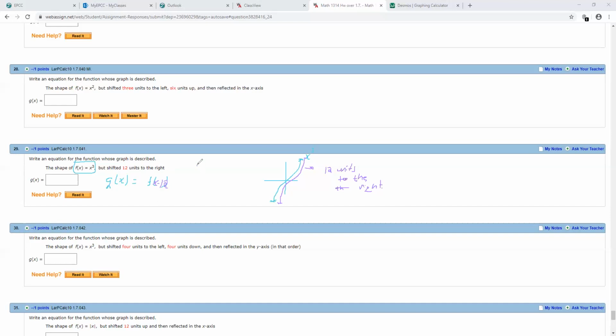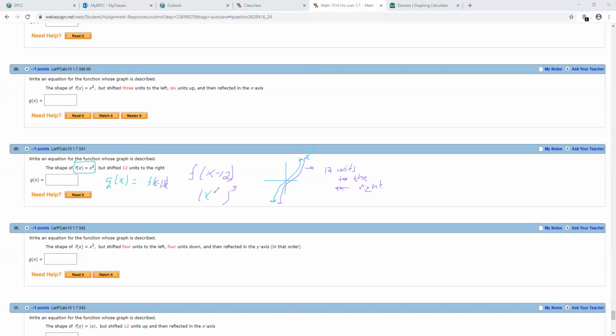So it's f of x minus 12. But instead of f of x, we're going to write it with the actual parent function. Instead of f of x, we take the cubing function, which was the parent, and we do what inside, Kathleen?